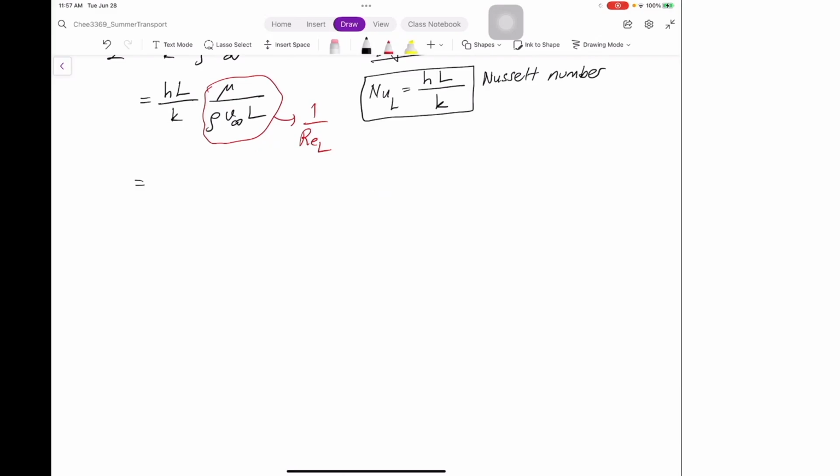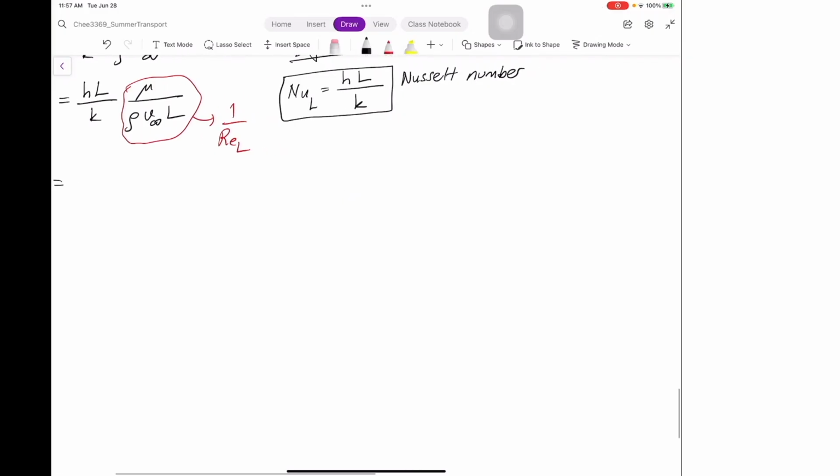This is a dimensionless number, and it looks like one of the other numbers that we have seen so far, right? Looks similar to Biot number, but beware, k is the fluid thermal conductivity.